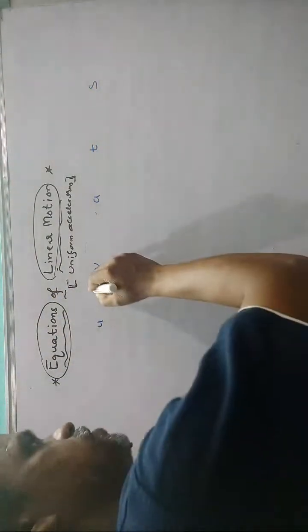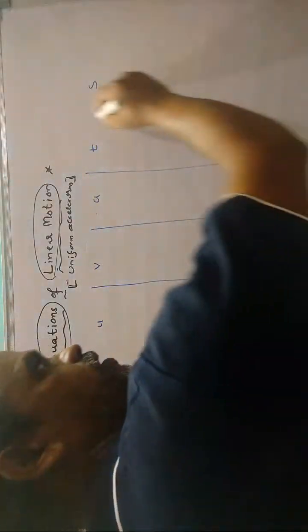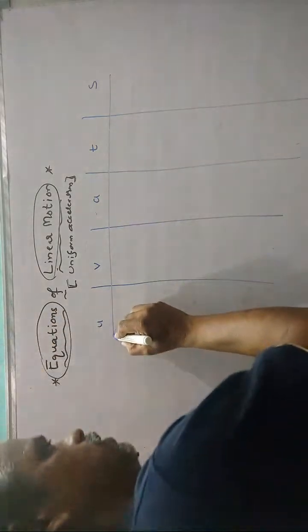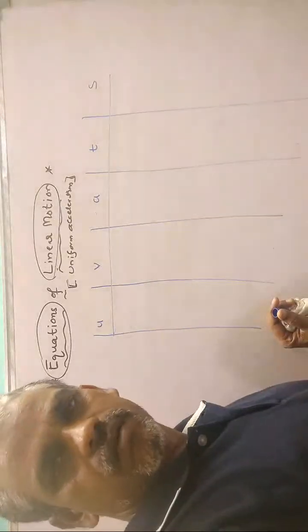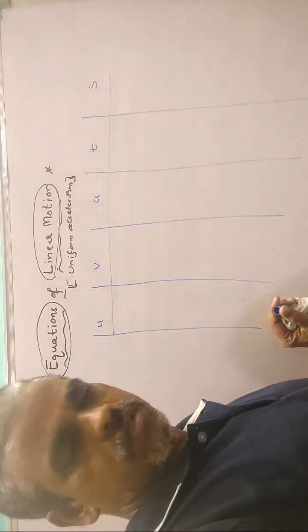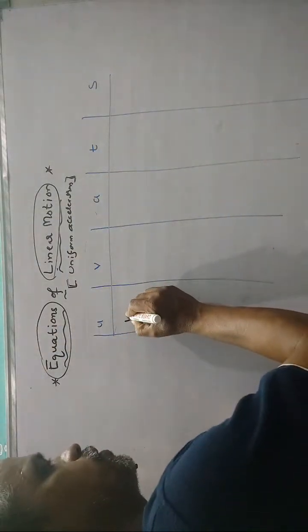Write this table. Find. See, for all the questions I am not giving theory here. I am just giving numbers. See, for example, u equal to 10 meter per second.